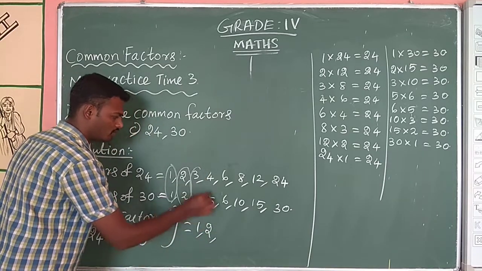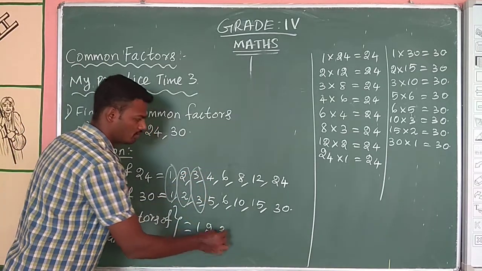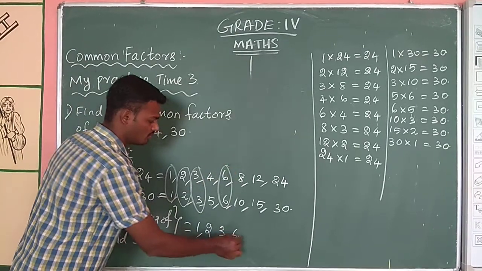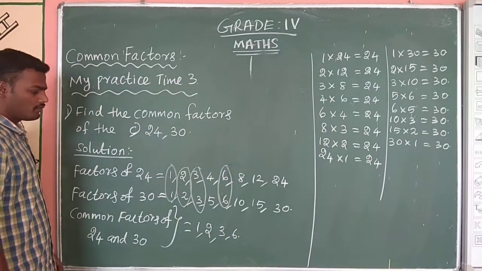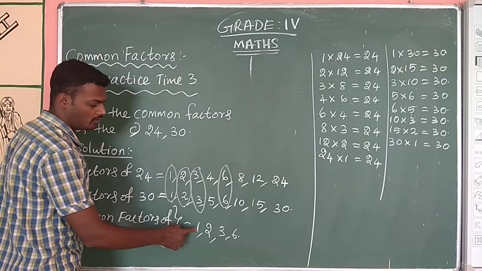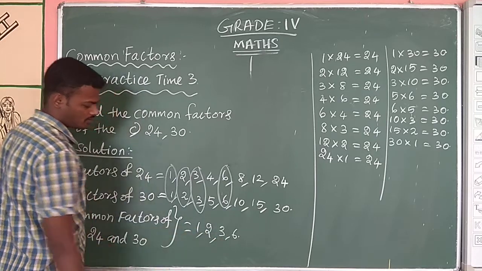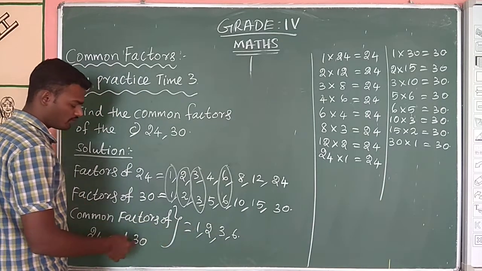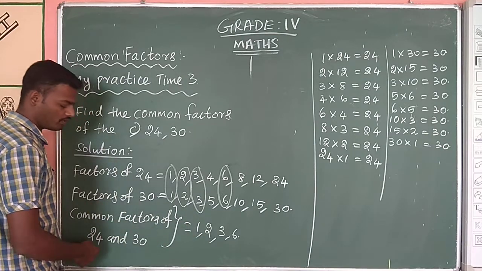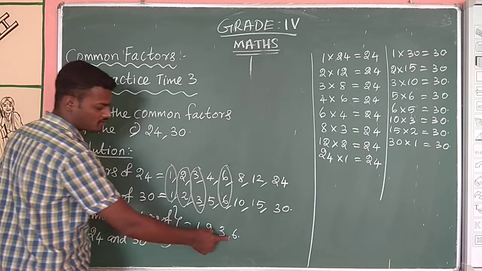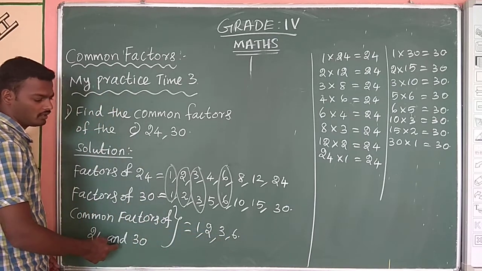Next one 3. Next one 6. So 4 numbers are common factors of 24 and 30: 1, 2, 3, 6. In the first table come 24 and 30. In the second table come 24 and 30. In the third table come 24 and 30. In the sixth table 24 and 30 come.